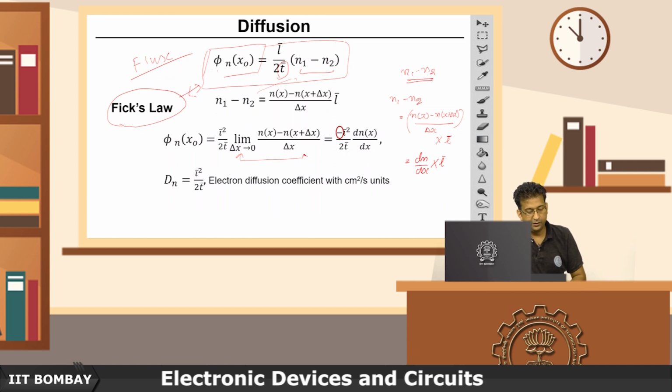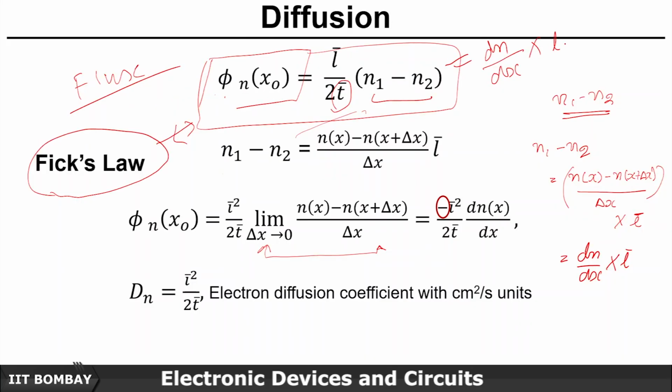If you replace N1 minus N2 with delta n by delta x into L bar, then L bar becomes L bar square divided by 2t bar, multiplied by dn(x) by dx. The minus sign has to be there because it shows the electrons or holes are moving in the direction of decreasing concentration.